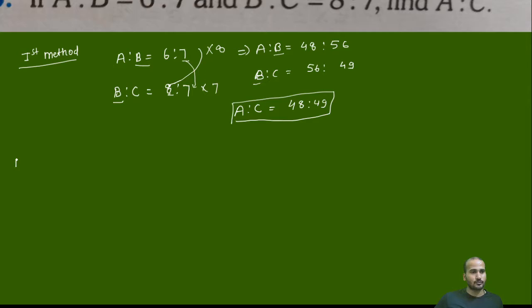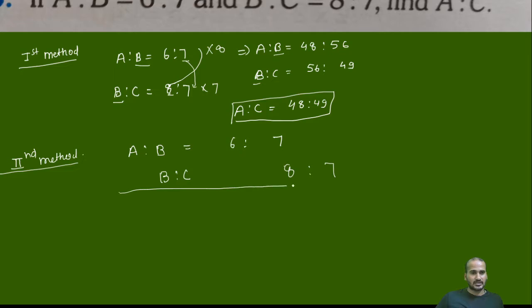I have one more method. Just look at the second method of this question. If A is to B is equal to 6 ratio 7, and B is to C is equal to 8 ratio 7, write A is to B is to C is equal to.